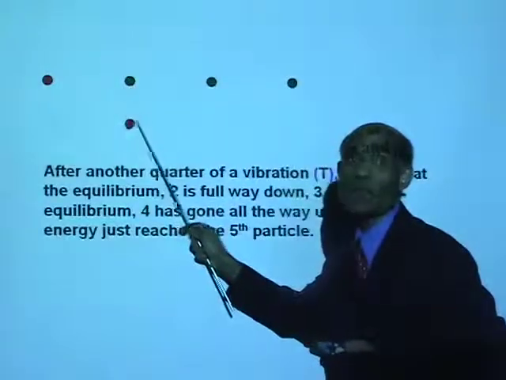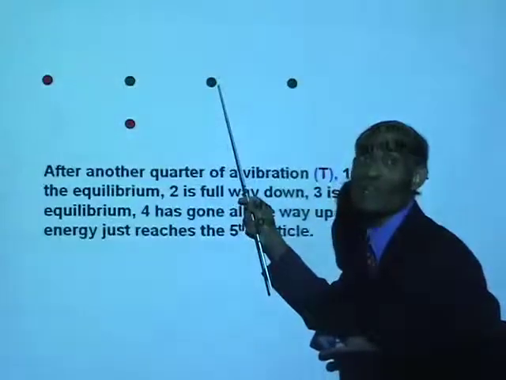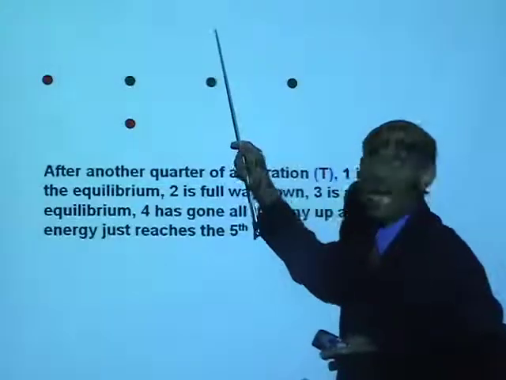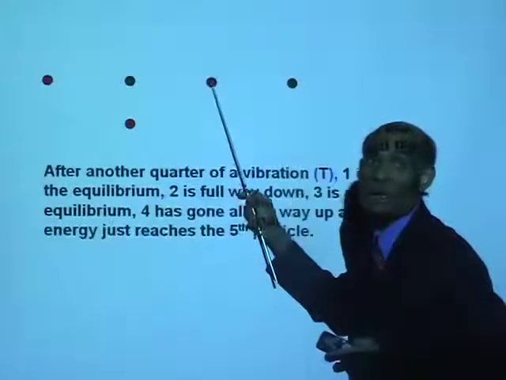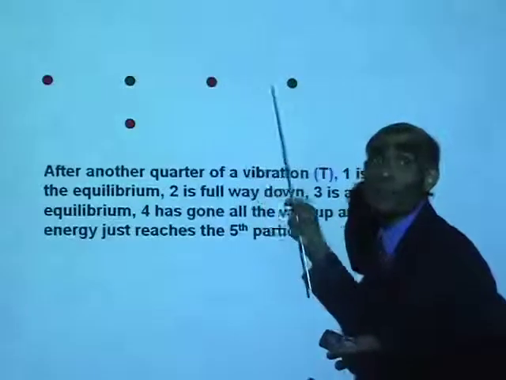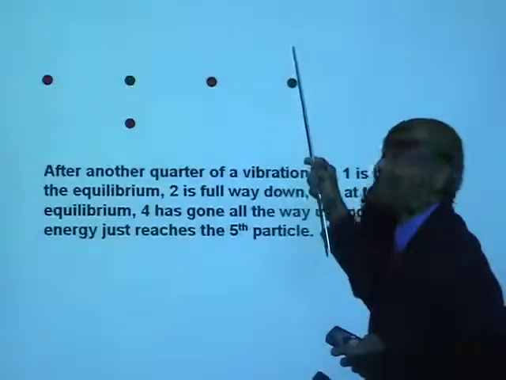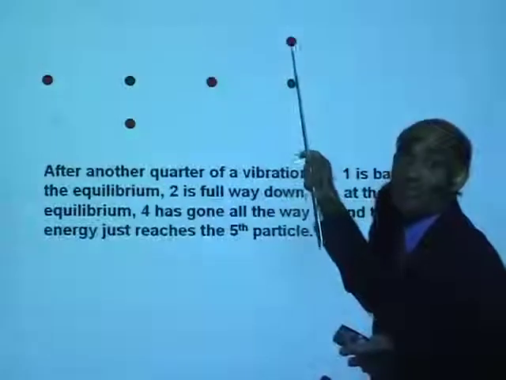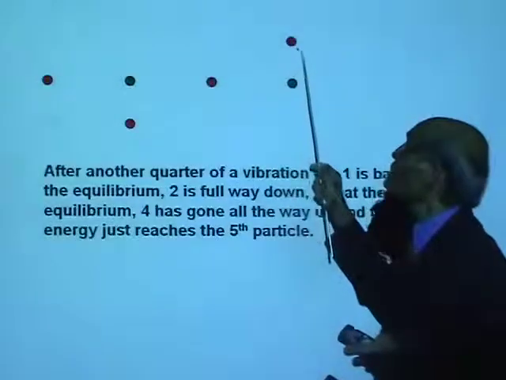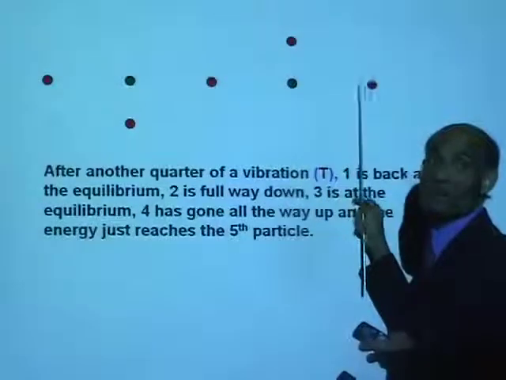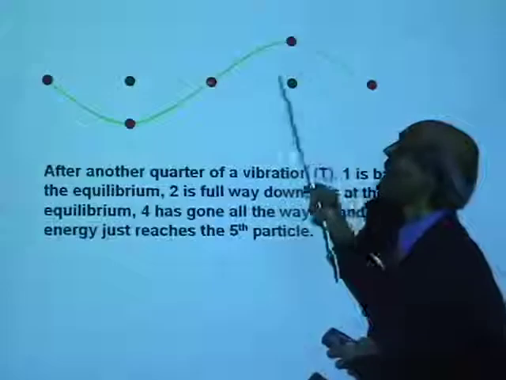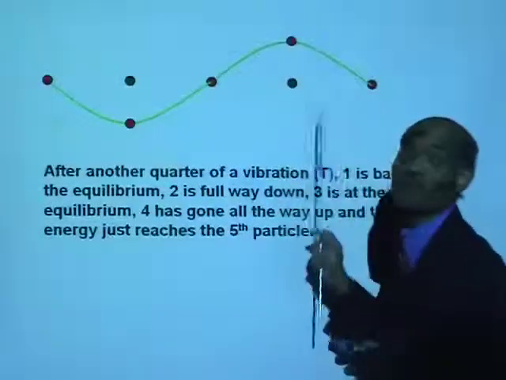It is down here. Where is particle 3? It has completed half a vibration, back to the equilibrium position. Particle 4 has completed a quarter of a vibration, and the energy just reaches the fifth particle here. And look at the wave profile.